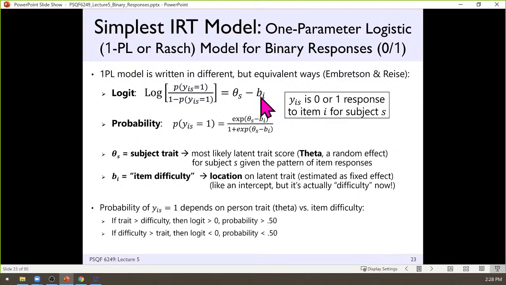This thing is known as item difficulty. And here is why it's a minus sign, because difficulty is actually going the right way. Items with higher B values are more difficult, meaning people are less likely to get them right. So in all of the models we've had up to this point, difficulty was an item mean or an item intercept, where the direction was conceptually backwards. Now it's the right way.